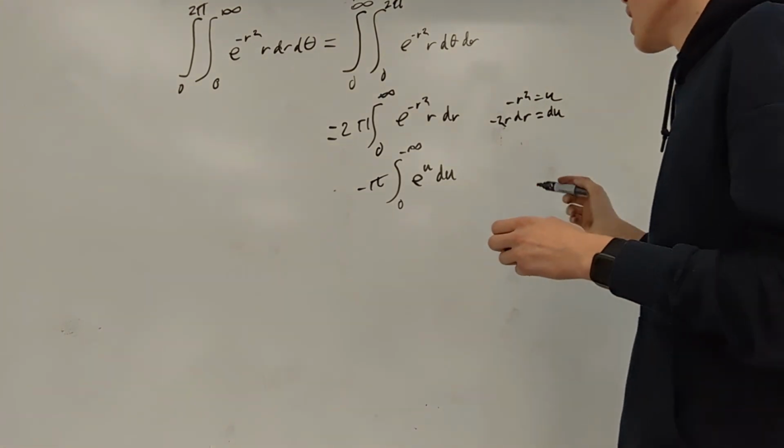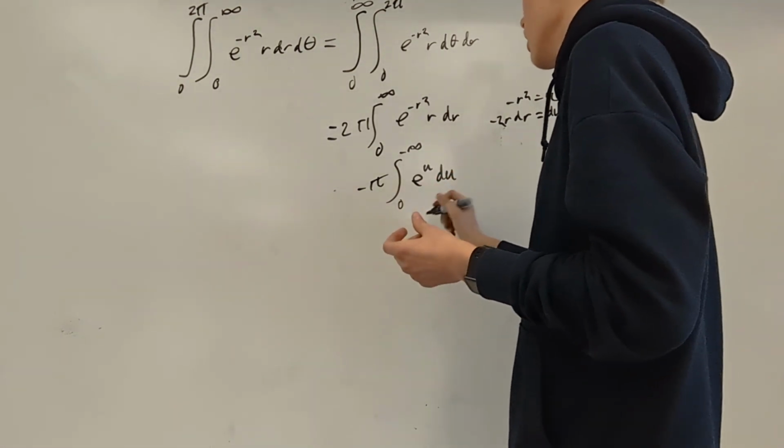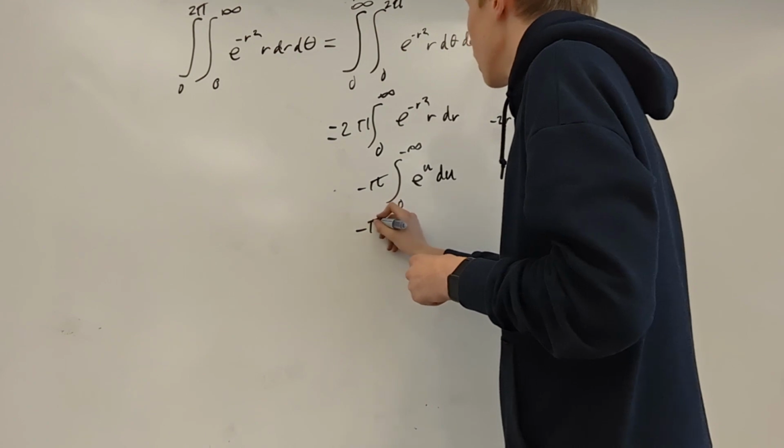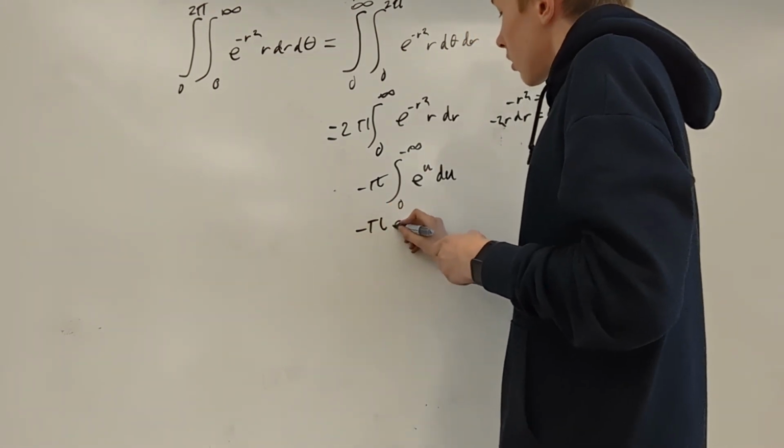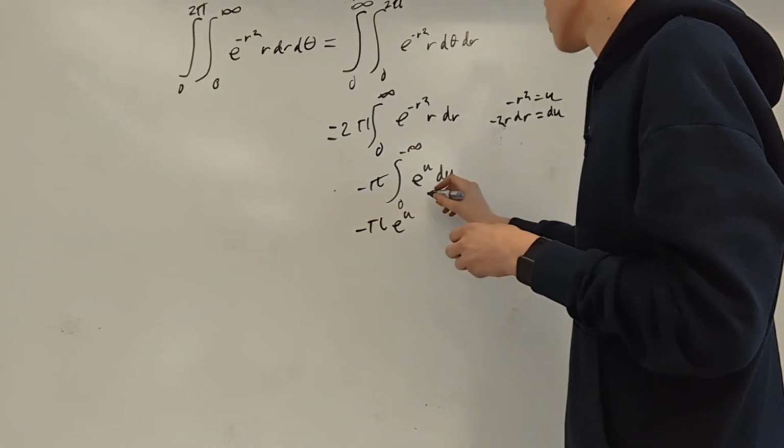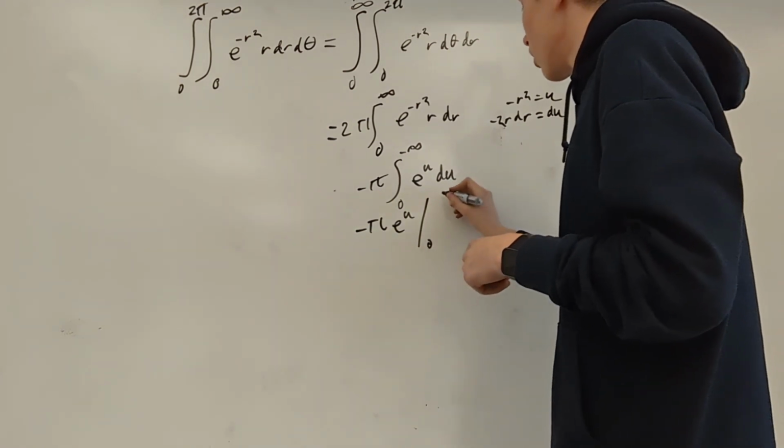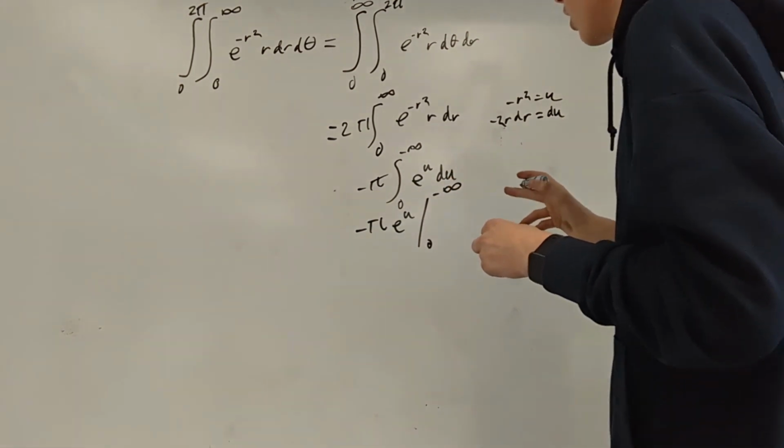And lastly, this is pretty easy to solve. It will just be e to the u. And now we just have to do it from 0 to negative infinity.